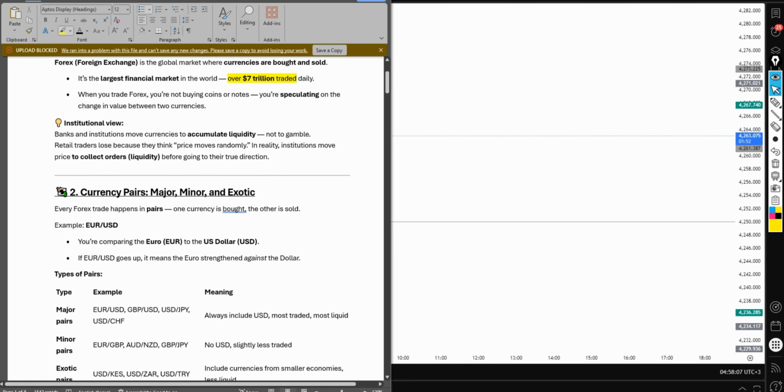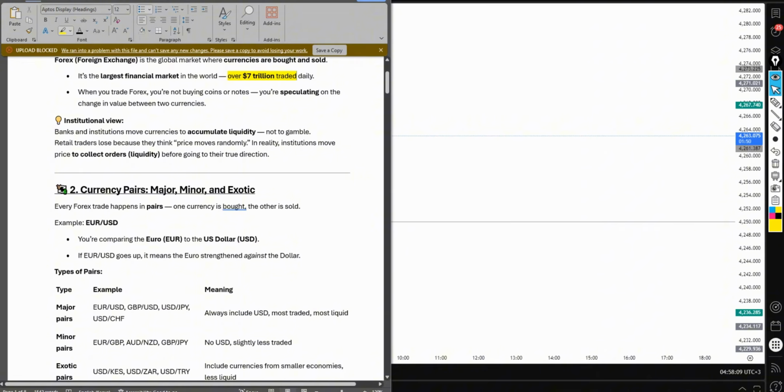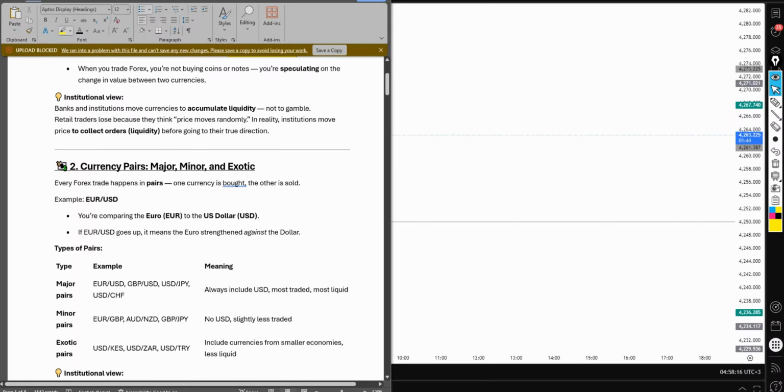Currency pairs are what are traded, say Euro USD, GBP USD, AUD USD, USD JPY, USD CHF. Those are pairs, and in each pair we have one base and one quote currency. Say Euro USD: Euro is the base currency and USD is the quote currency.